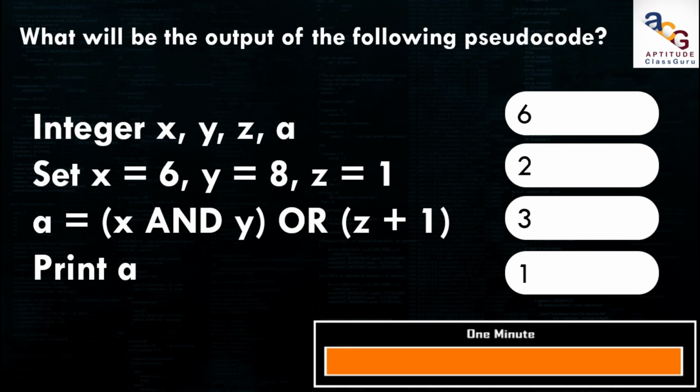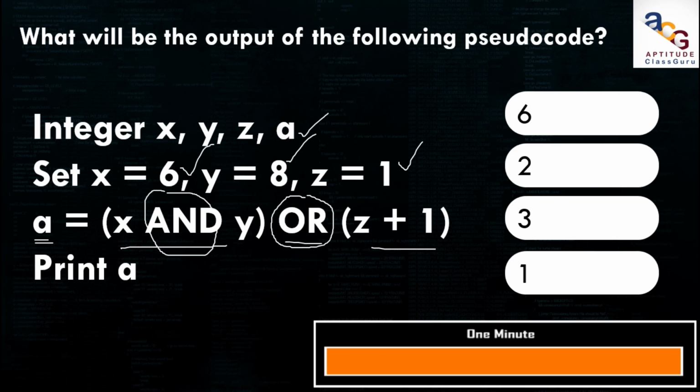What will be the output of the following pseudocode? Integer x, y, z and a, 4 variables are given. The x value, y value and z value are set to some integers, and a value is defined as x and y or z plus 1, which is nothing but logical AND and logical OR operations.